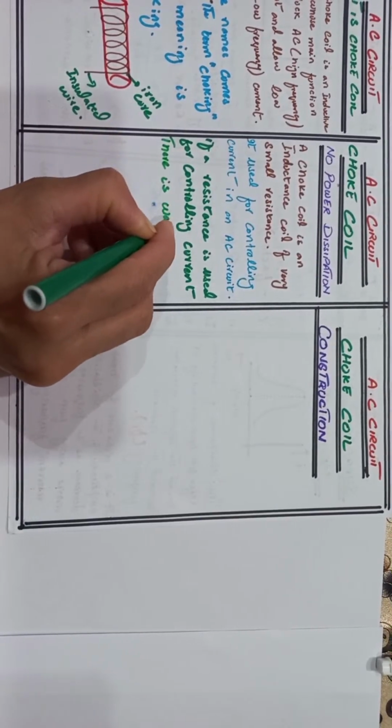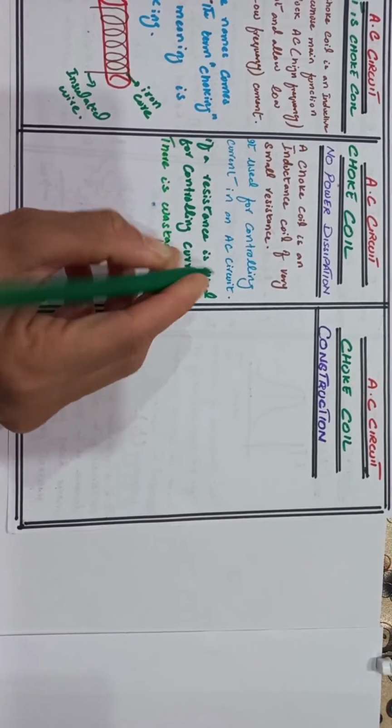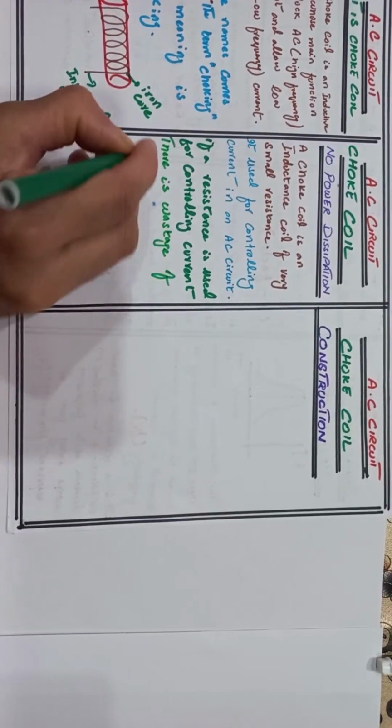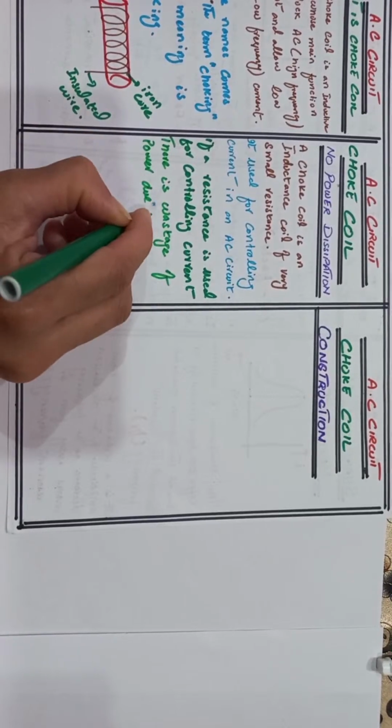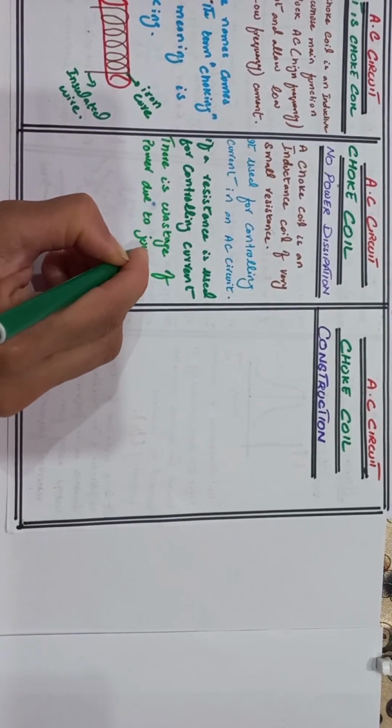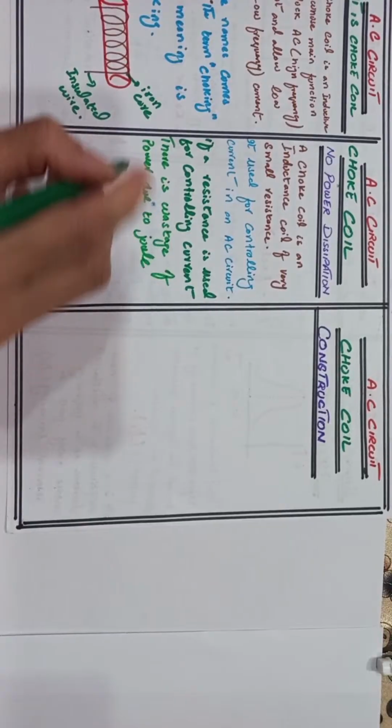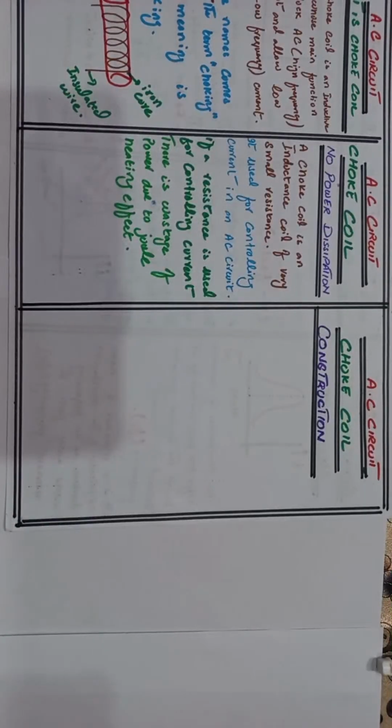On the other hand, we always use the inductor because it does not dissipate the power; the power oscillates between the load and the source.